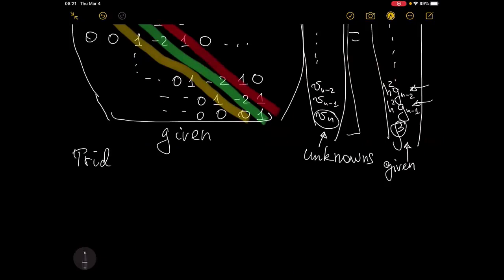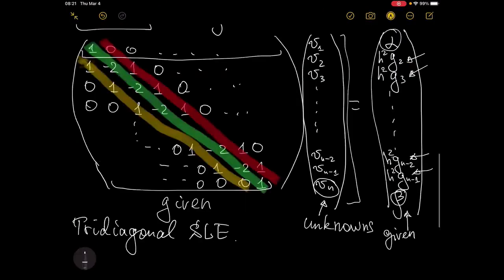A tridiagonal system of linear equations. Why tridiagonal? Because you see we have the main diagonal, subdiagonal, and superdiagonal. All other coefficients are equal to 0. This is one of the examples of so-called sparse systems.